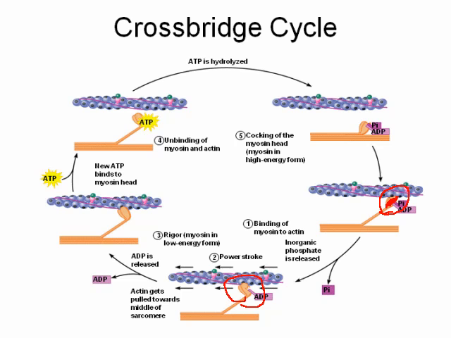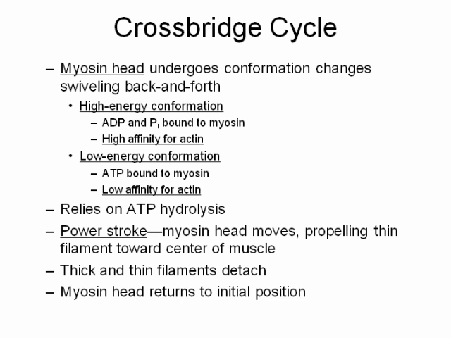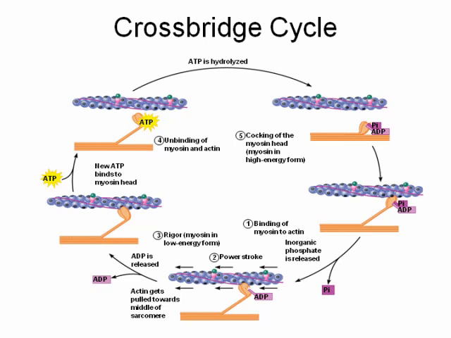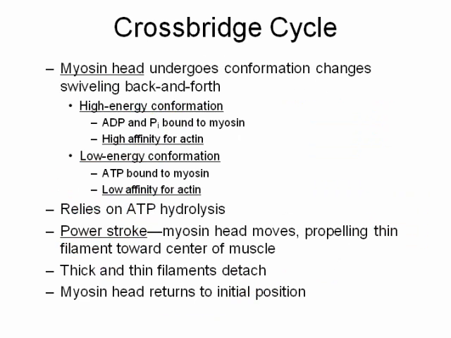It stays bound to the actin, but notice that that angle has rotated about 90 degrees. So this is the power stroke. And of course, when it happens, it propels the thin filament, that is the actin, toward the center of the muscle. So when it goes from this angle to this angle, it propels the actin toward the center of the sarcomere.